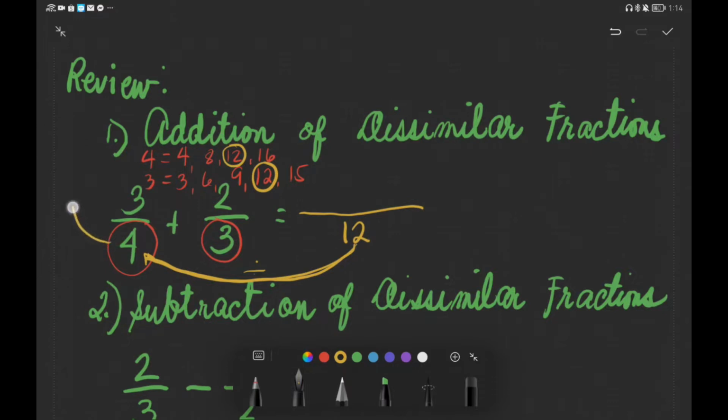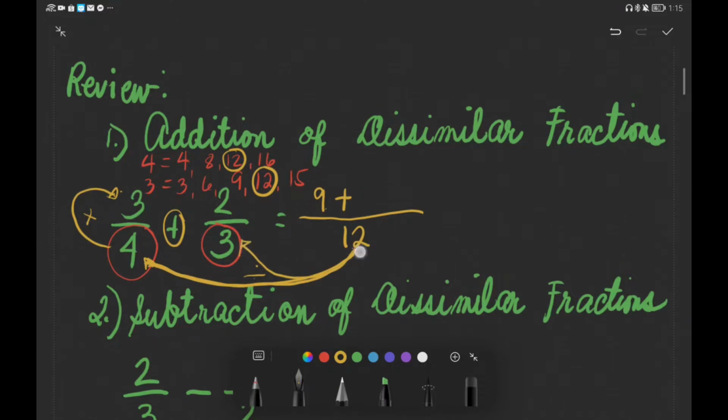Ang answer nga 3, i-multiply sa numerator. 12 divided by 4, that is 3, times 3, that is 9. And we copy the addition symbol. And we also divide 12 sa ikaduha. 12 divided by 3, that is 4, times 2, that is 8.